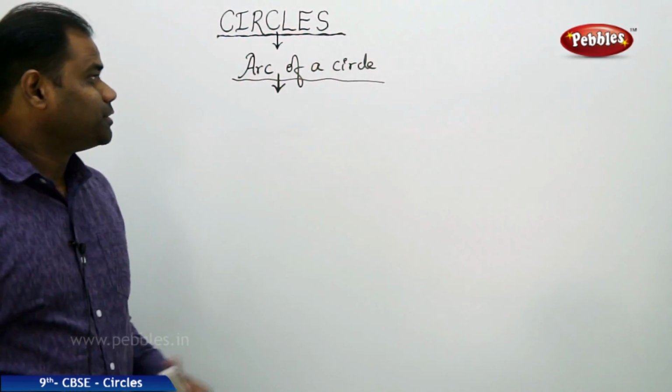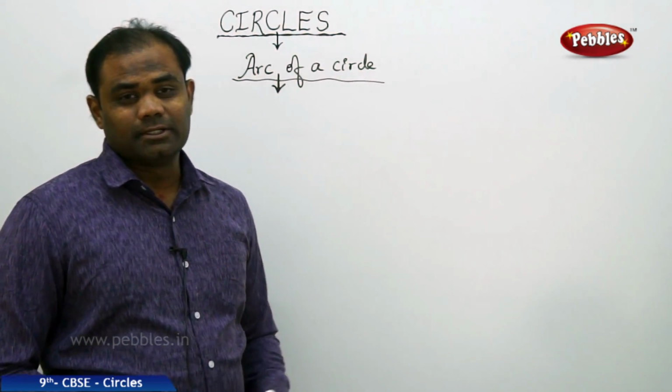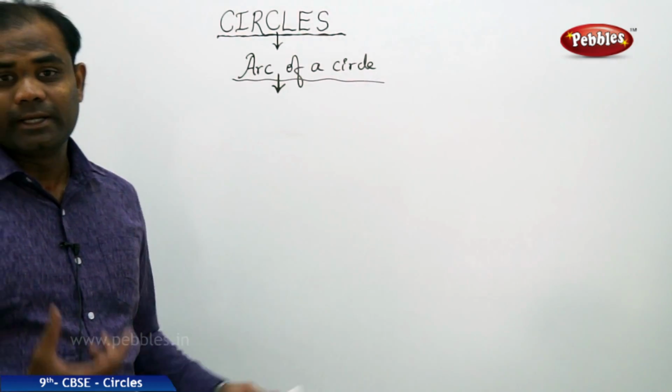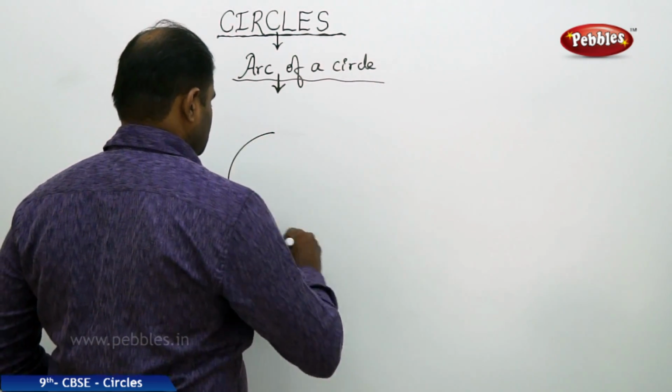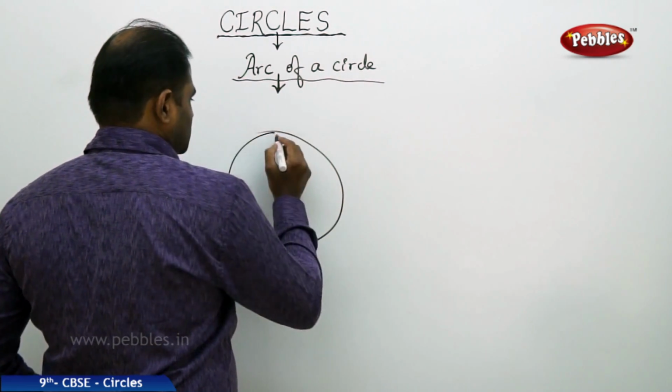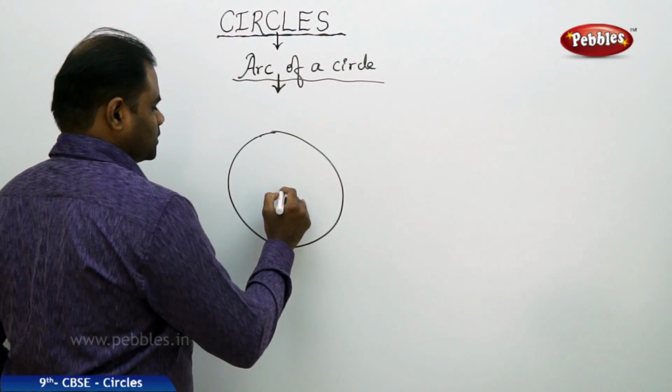So let's see the definition of arc of a circle. So let's consider a circle to understand its arc. So here is the circle with center out here.